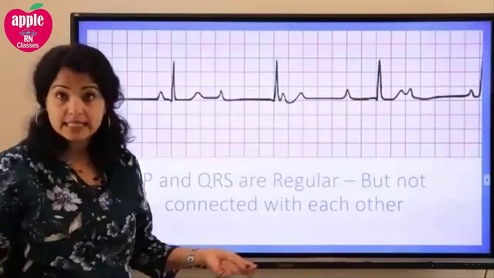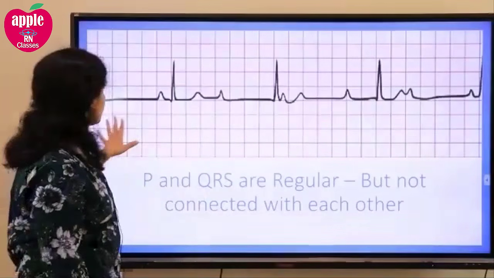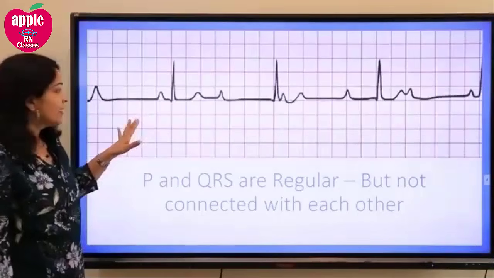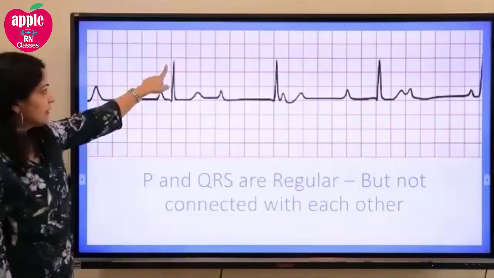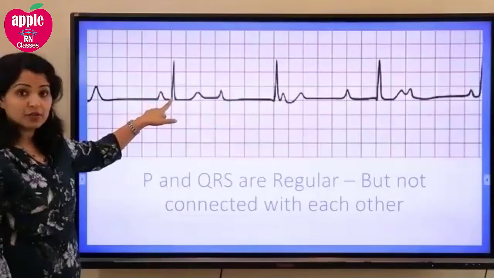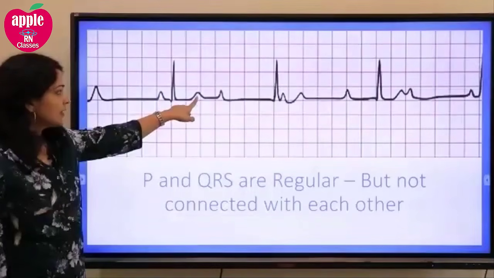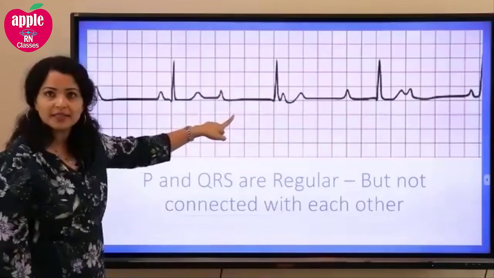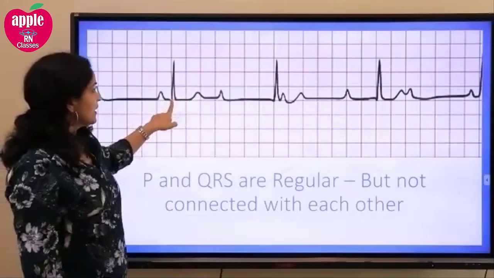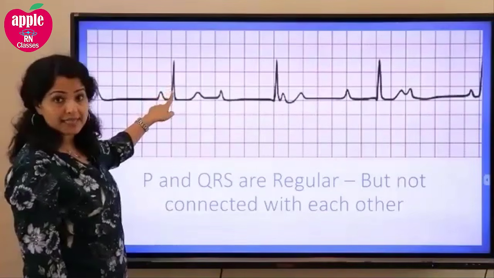This is the ECG, right? In this ECG, if you look at that, there is a P wave. There's a P wave here. There is a QRS. Okay, that looks nice. Then there is something happening here, but there is no QRS. Okay, we can see the QRS is here.